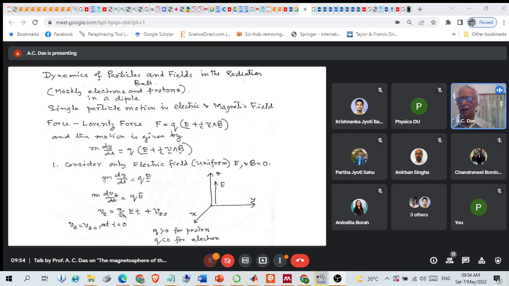What it means is that the particles are accelerated by the electric field. One thing you must have noticed is that it depends upon the mass and the charge of the particles. So the acceleration for the protons takes place in the direction of the electric field, and for the electrons in the opposite direction, because they are mass dependent.